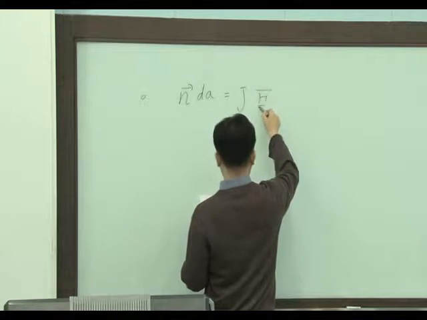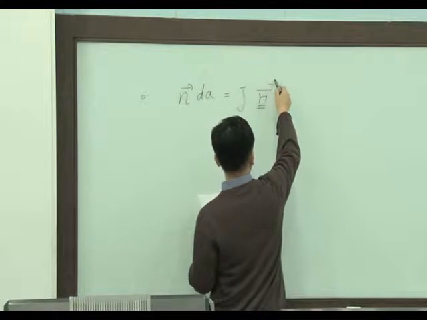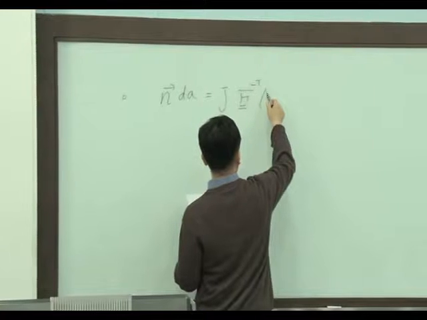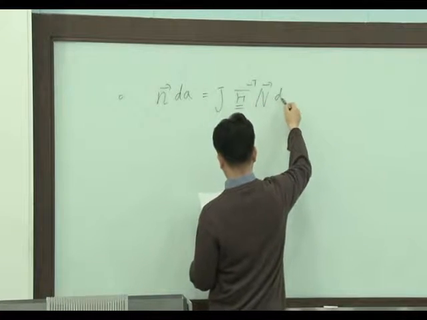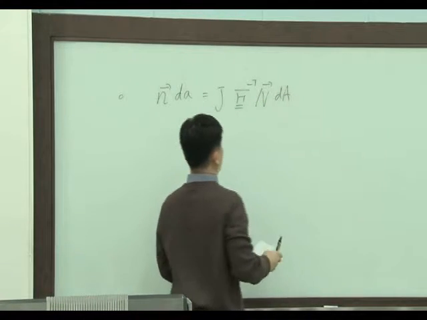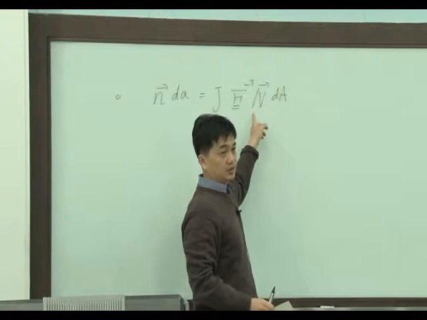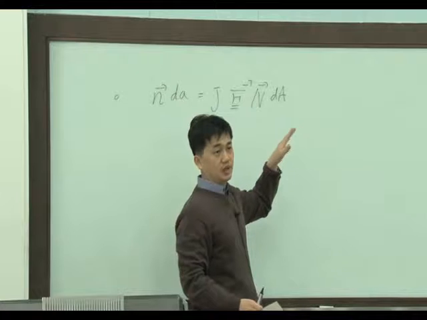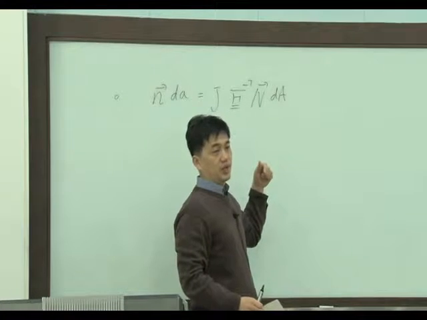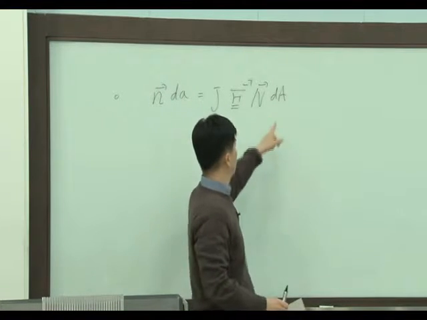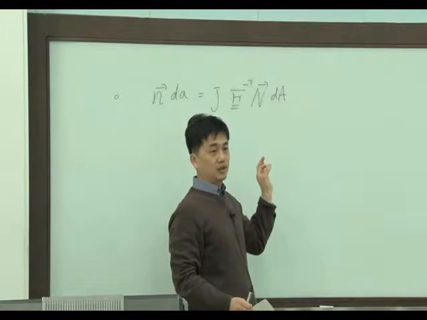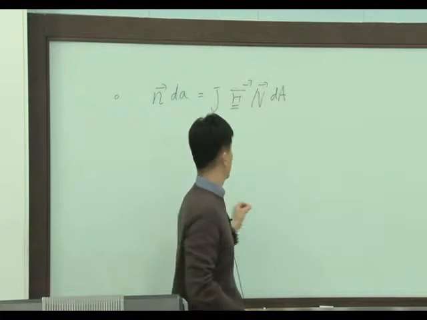n dA equals J F minus T N dA. Here, N is a normal direction. So when there is a surface, N is the vector normal to the surface. dA is a very small area.